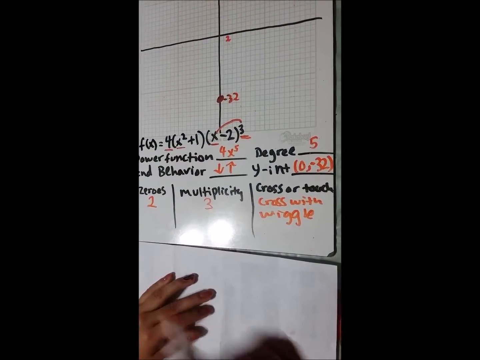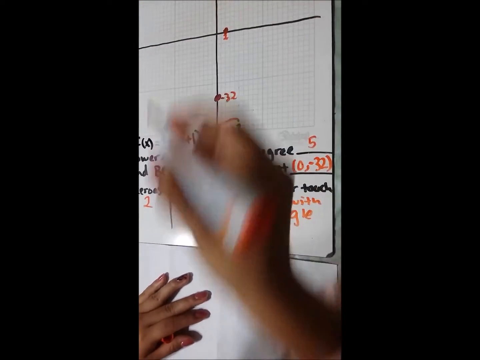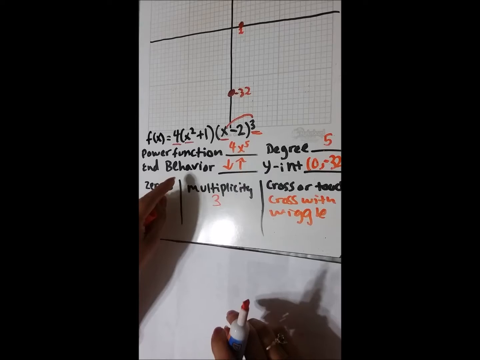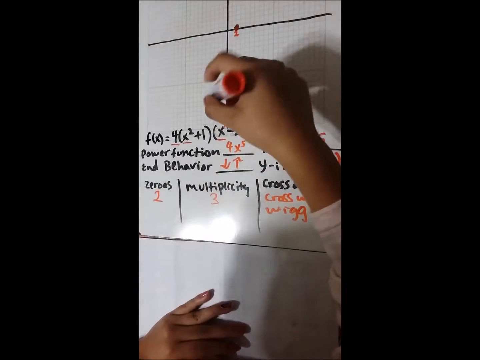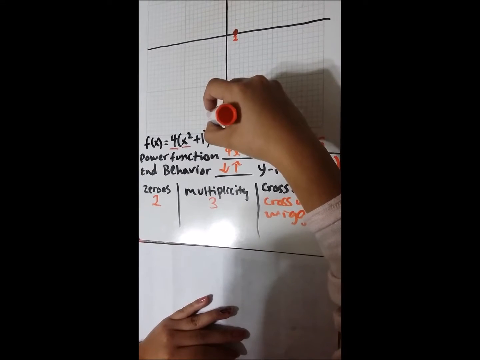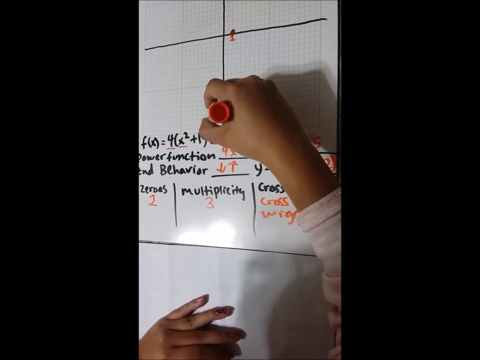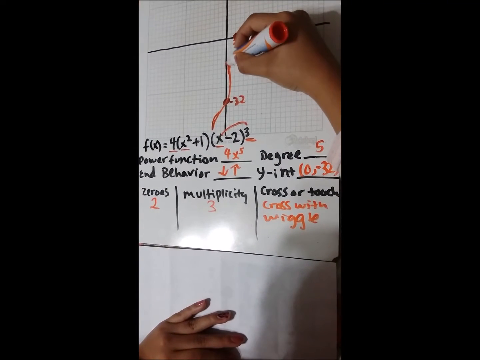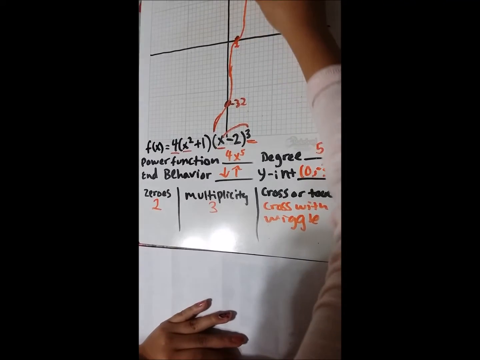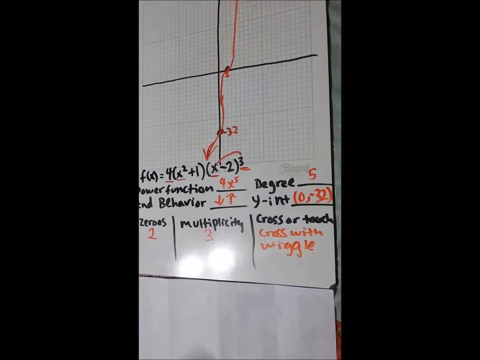Okay, so now we're going to connect these dots following the end behavior and the cross with the wiggle. Since the end behavior, we're going to start going down, then it goes up, then it crosses with a wiggle. And that is our graph.